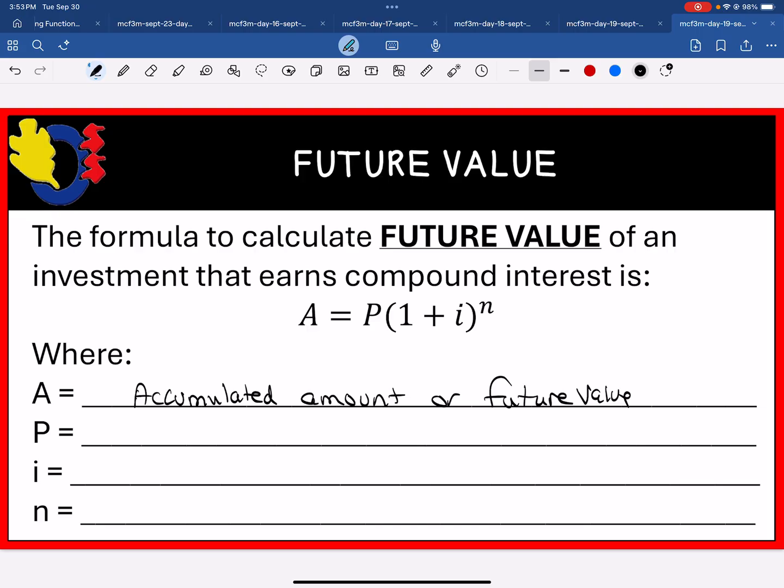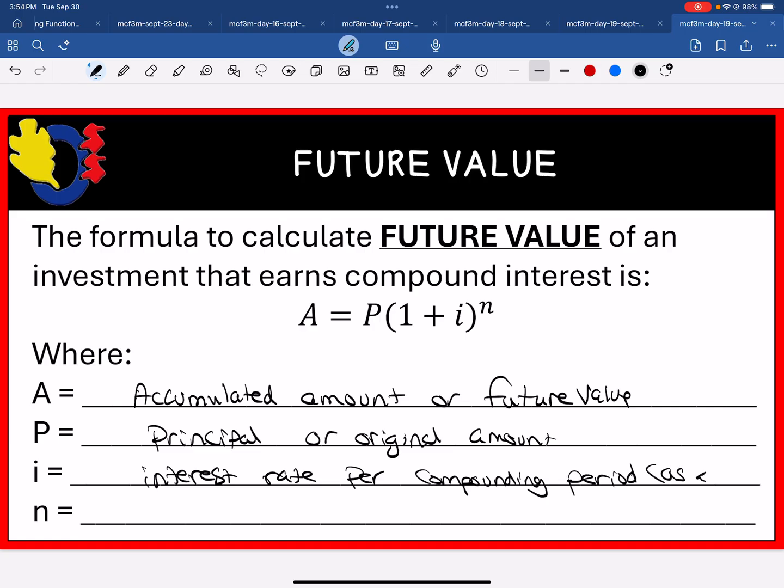P is the principal or original amount. i is the interest rate per compounding period, as a decimal. And n is the number of compounding periods.